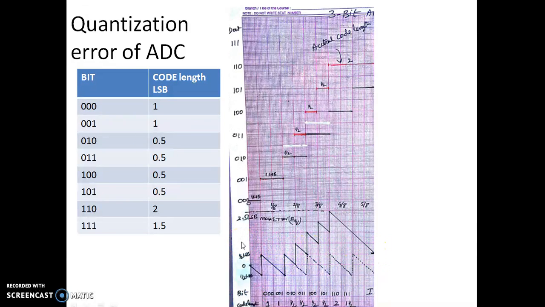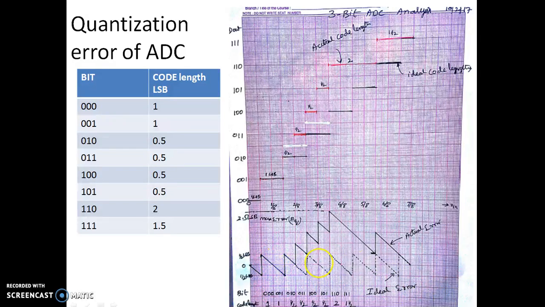Suppose we further increase the input voltage, now here we again have an overestimation. The error increases, and the error comes down to the ideal value as the code length of the last one is 1.5 LSB, because this code length merges with that ideal value.